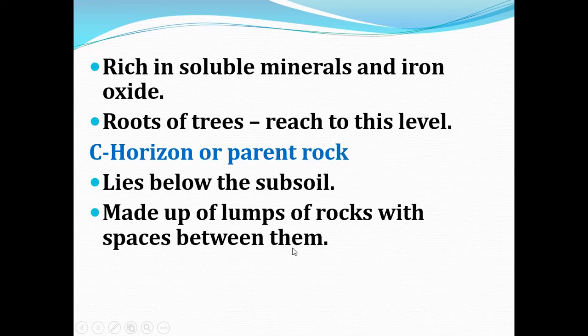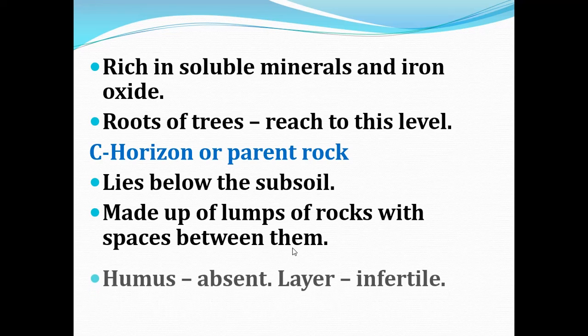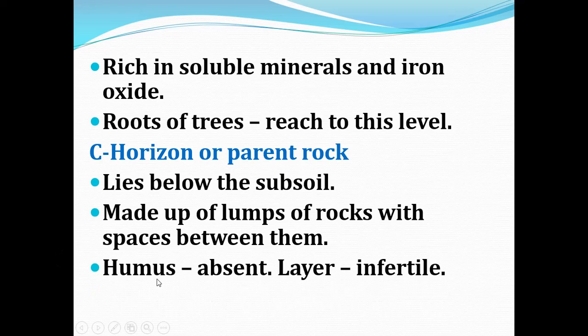Lumps means groups of rocks with spaces between them. Humus is absent in C horizon, and this layer, that means C horizon or parent rock, is infertile because humus is absent.